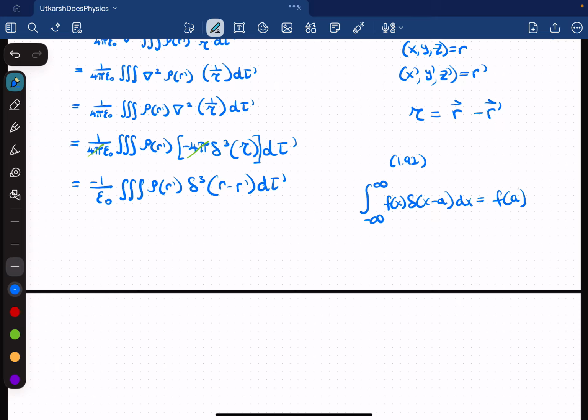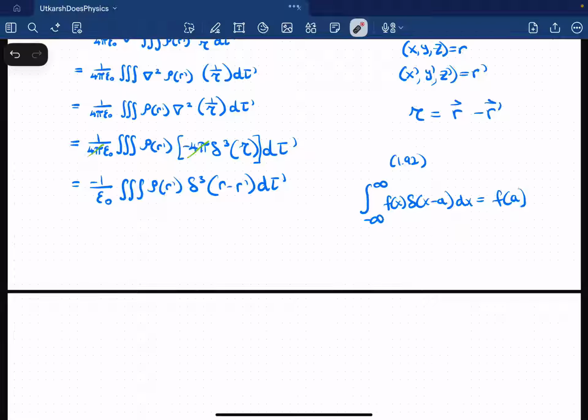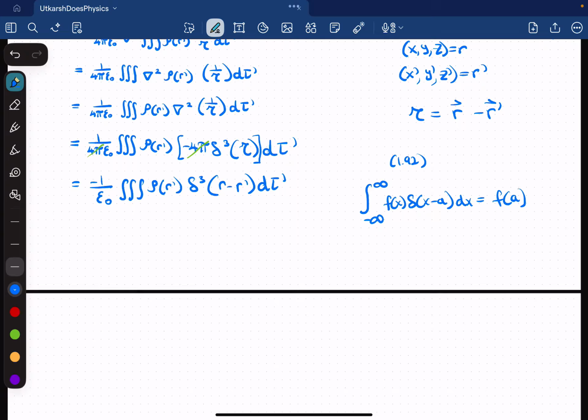This is kind of what we want to use. The only problem here is that in this way of writing, our x would be r prime, and our x here again is r prime, but they're in the wrong place. We kind of need r and r prime to be swapped, so we have to do some delta function manipulating to make that exactly how we need it to be.